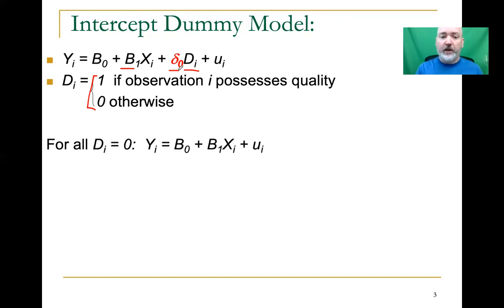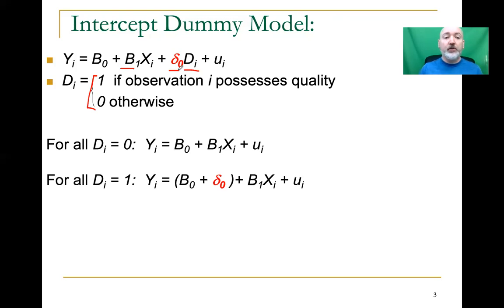And again, the way we think about this is it gives us two separate prediction lines. For the control group, for which DI is equal to 0, of course, that term drops out and you're left with the intercept of B0 and the slope of B1. For the treatment group, where DI is equal to 1, indicating those observations contain the characteristic of interest, whatever that may be, the slope is still the same.